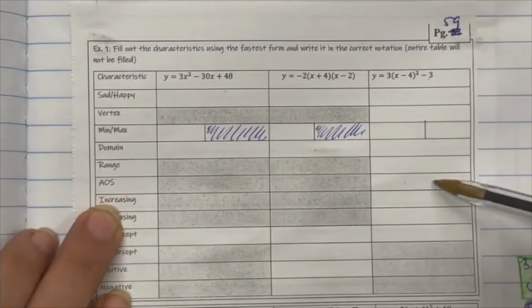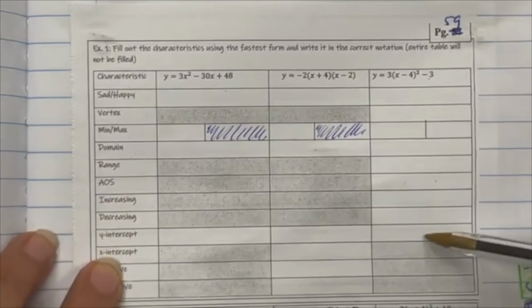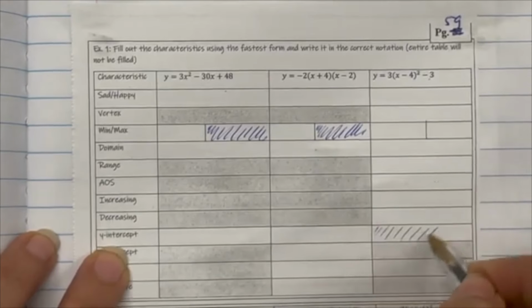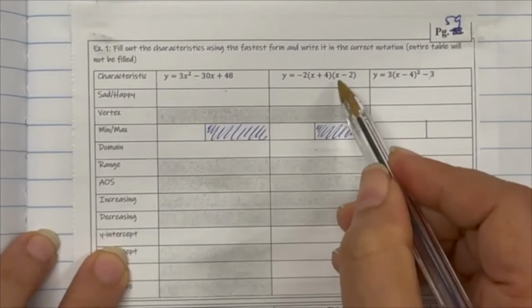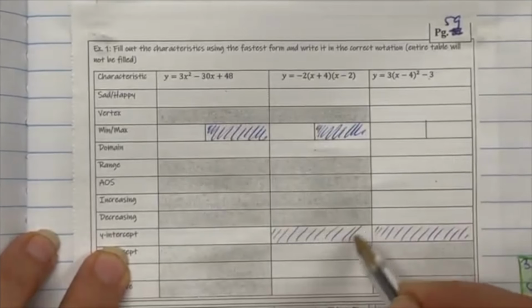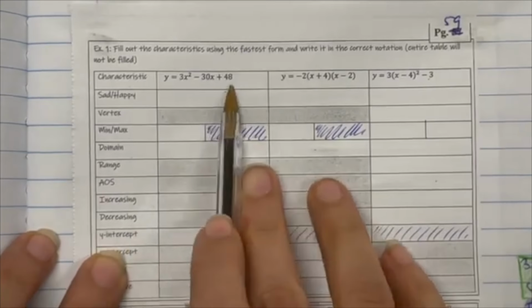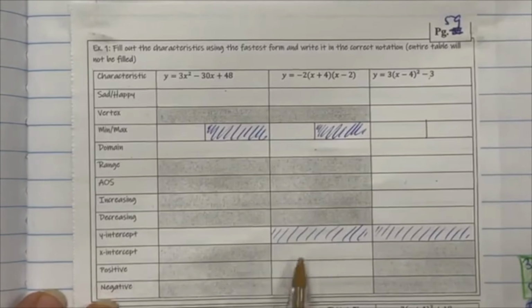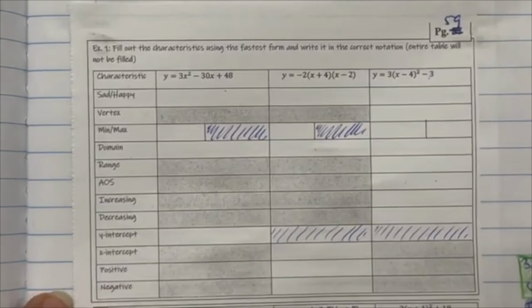Axis of symmetry only for the vertex, increasing, decreasing, y-intercept. Actually, for y-intercept, we're not going to do it for the vertex one. We're not going to do the calculations, or for the factored. So go ahead and shade that in. Okay, but you can't tell me the y-intercept from standard. The x-intercept only for factored form. What are they? And then from the x-intercepts, whether it's positive or negative. So go ahead and try this. Let's practice.